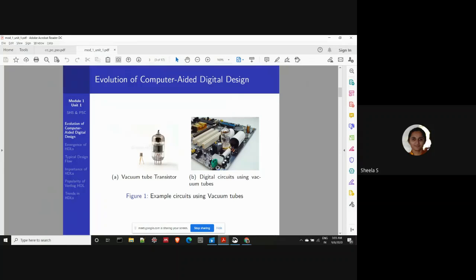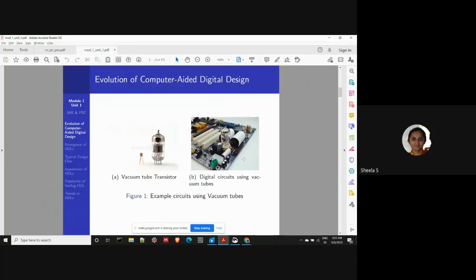Also in this breadboard, you can see how the discrete hardware components are connected and how big each component is, like capacitors, transistors, relays. All these things we are able to see here.